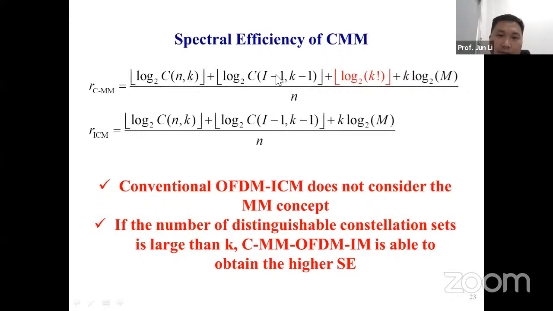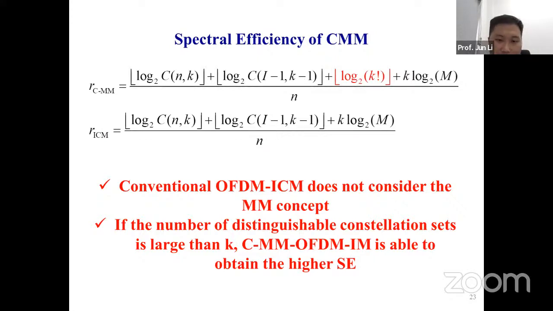And this one, the combination of I-1 and K-1, is the number of composite bits.